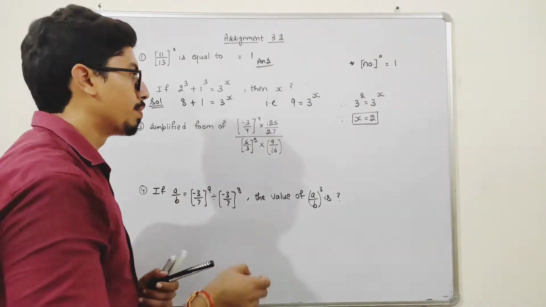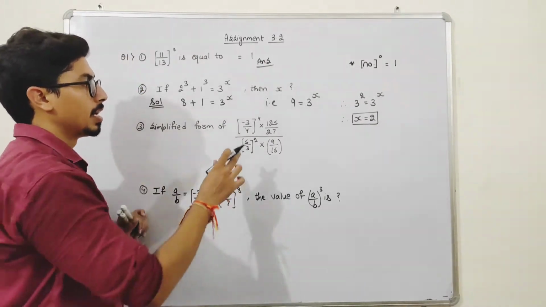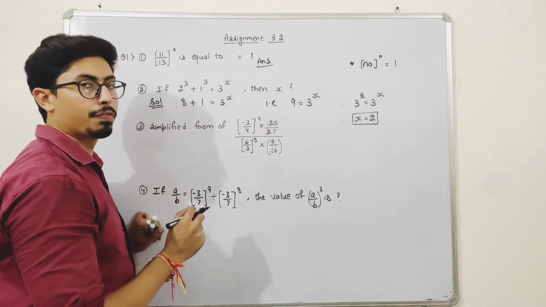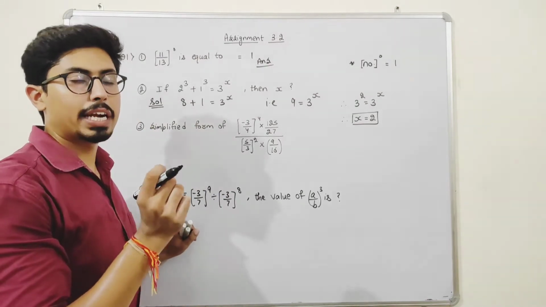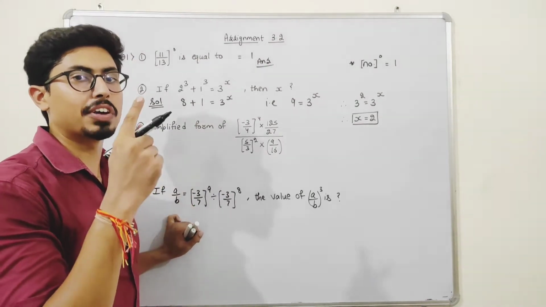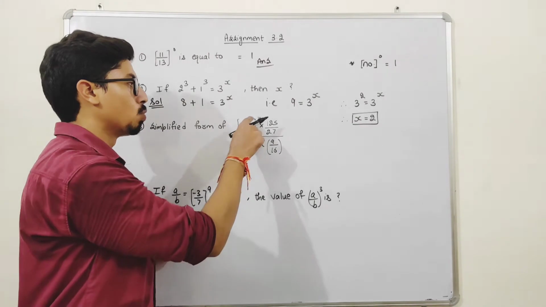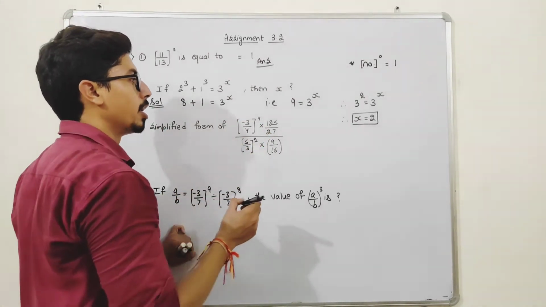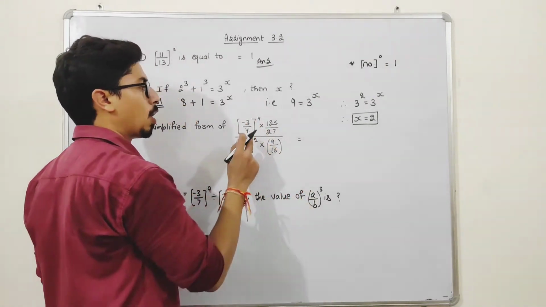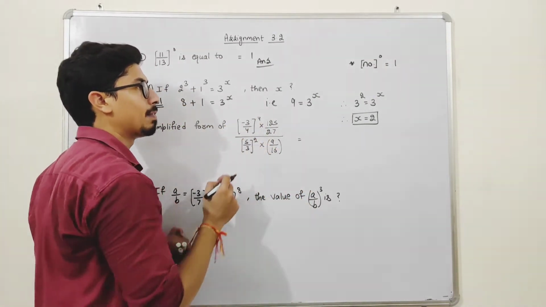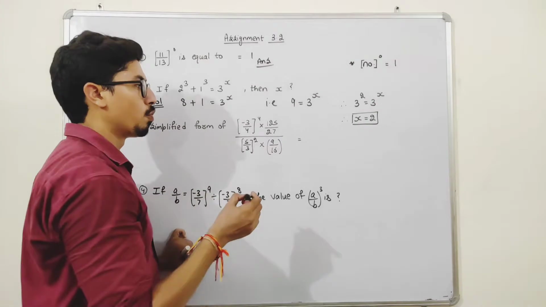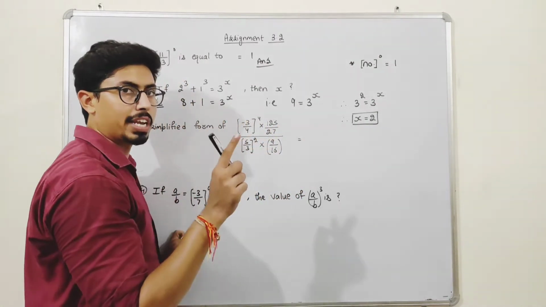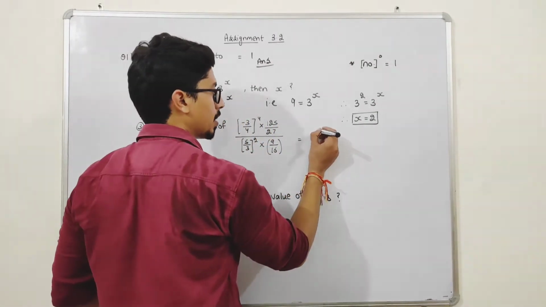Okay, students, now moving forward to the third part, minus 3 by 4 raised to power 4. We already know that a negative number raised to an even power will be positive, so the answer will be positive. Now, 3 raised to the power 4 means taking 3 four times, that will be 81.